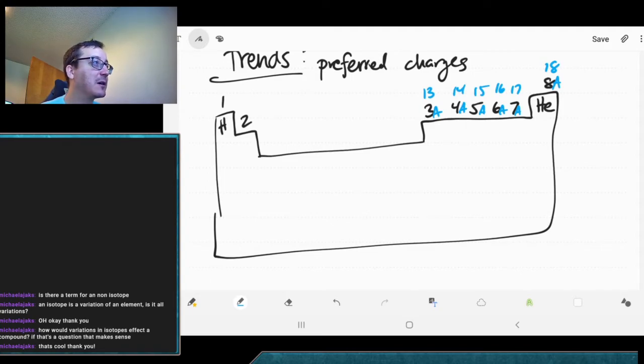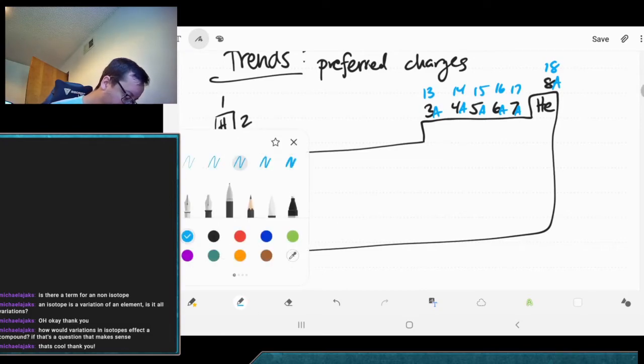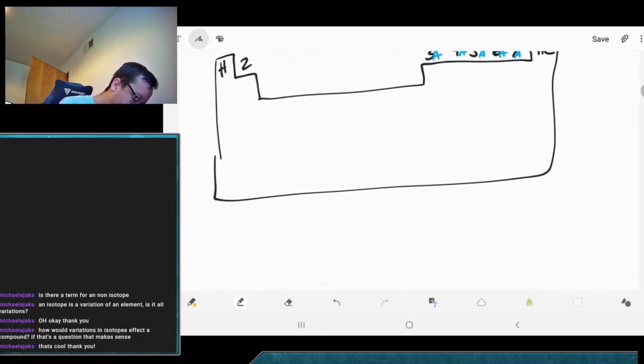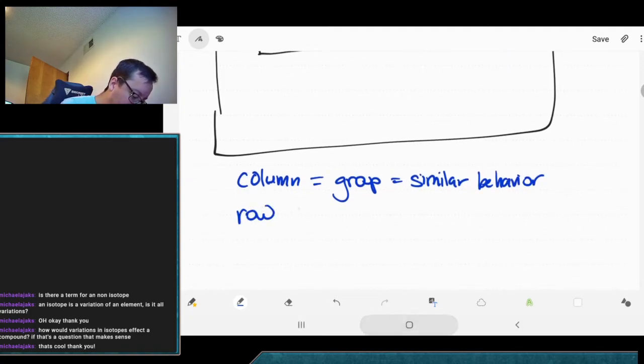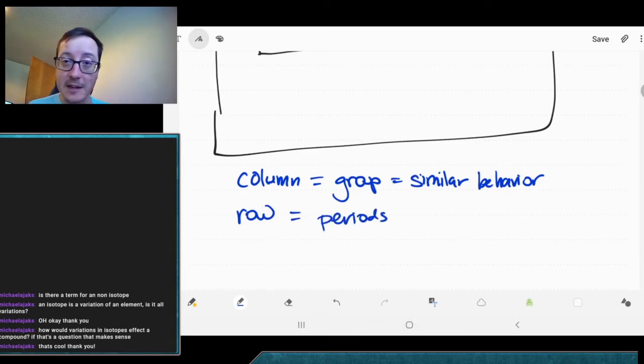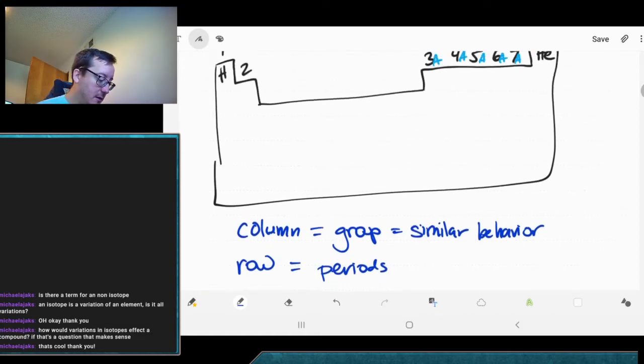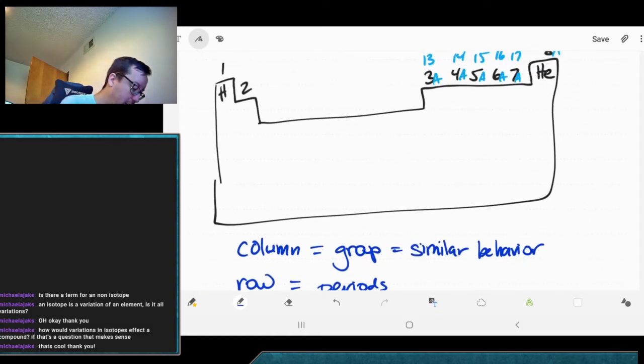With these, we're going to see that elements in the same column as each other, which we call groups, behave similarly to each other. The rows on the periodic table are called periods, and that's as far as we're going to take it until chapter 7.